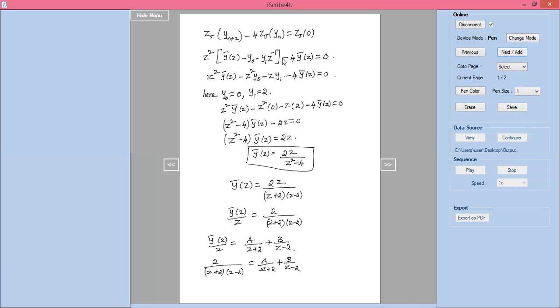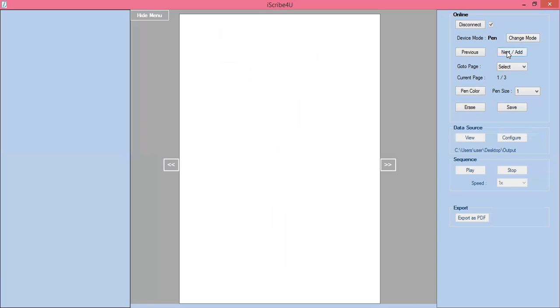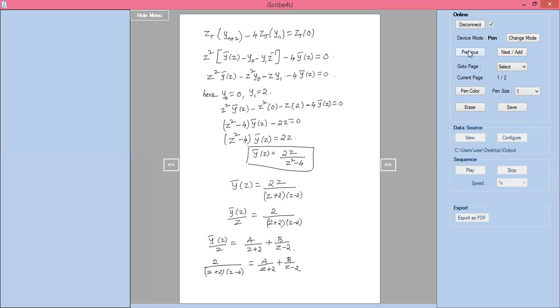We cross multiply this, and we'll get 2 equals a into Z minus 2 plus b into Z plus 2.